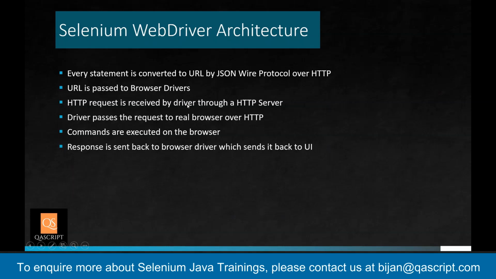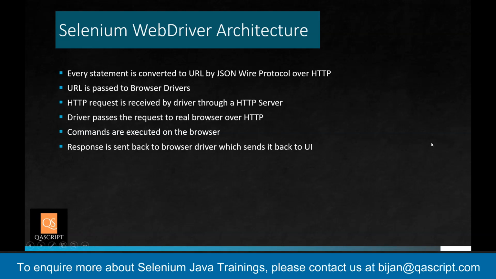So once this HTTP request is received by the browser driver over the HTTP server, it processes that request, right? And it passes to the real browser, which again is a server, right? So this request goes to the HTTP server, which is the browser. It receives that request and then it processes that request, right? So which means the commands which you have written in any particular language are then executed on the browser.